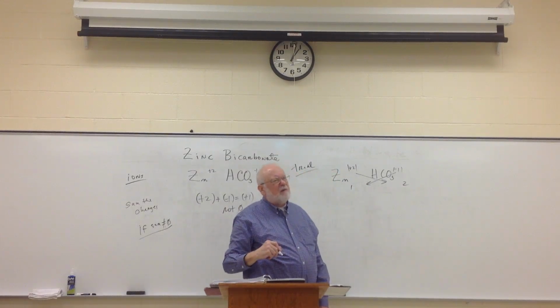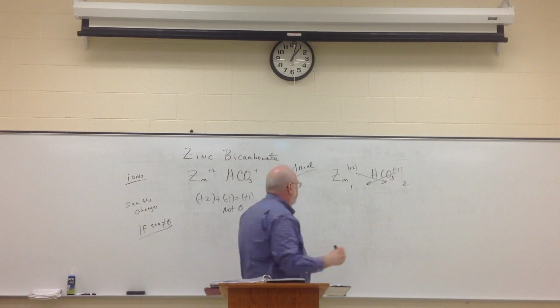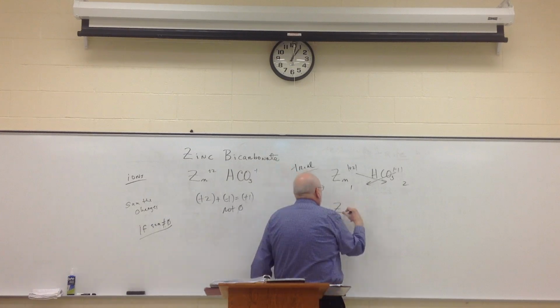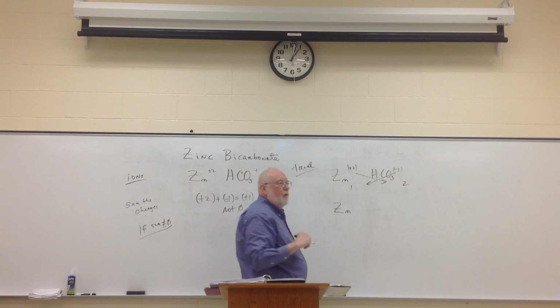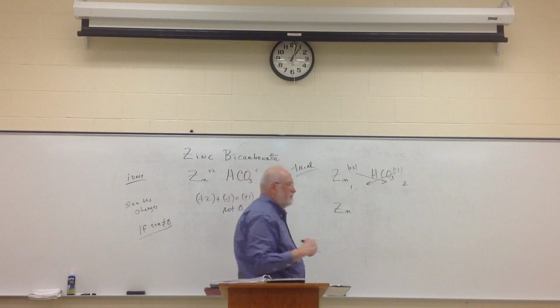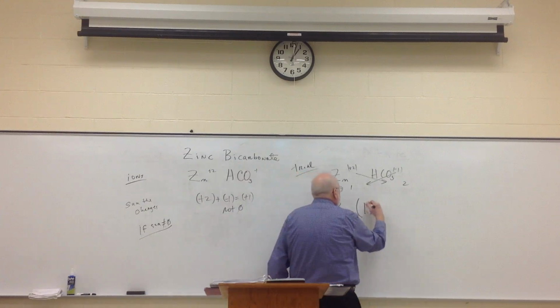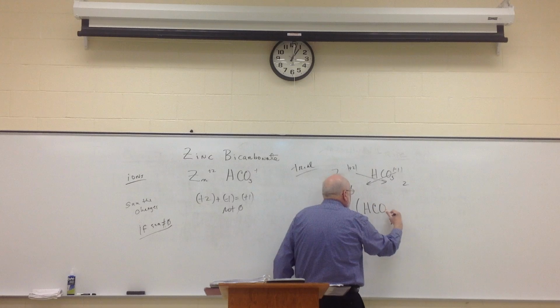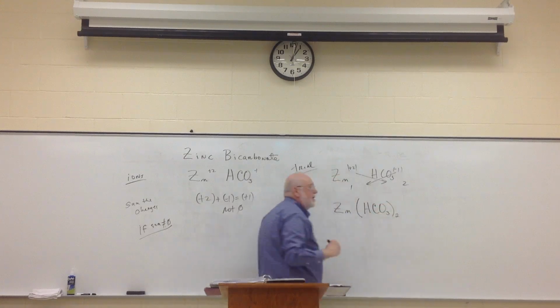Now, there's another wrinkle to add to the proof this time. All right, there's the zinc. Only need one of them, don't need a subscript. But how am I going to apply the subscript of 2 to that bicarbonate? Well, it's very easy. I'm going to do it like that.